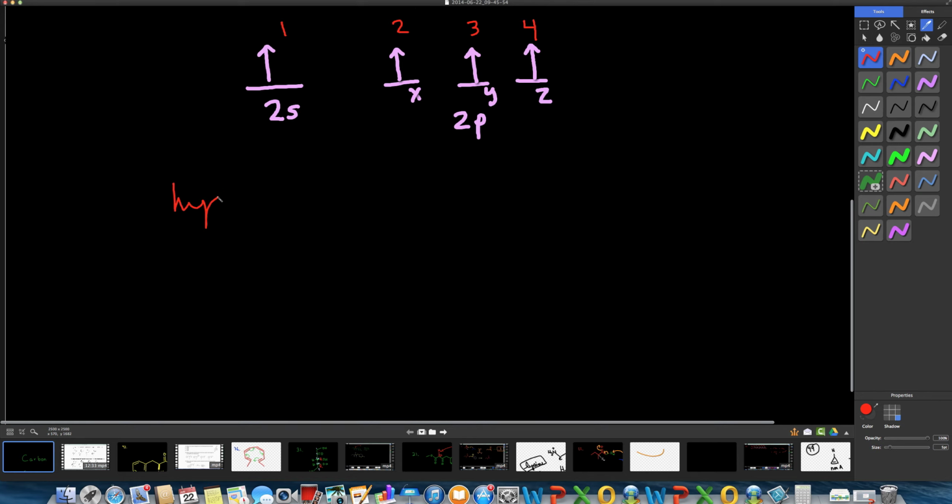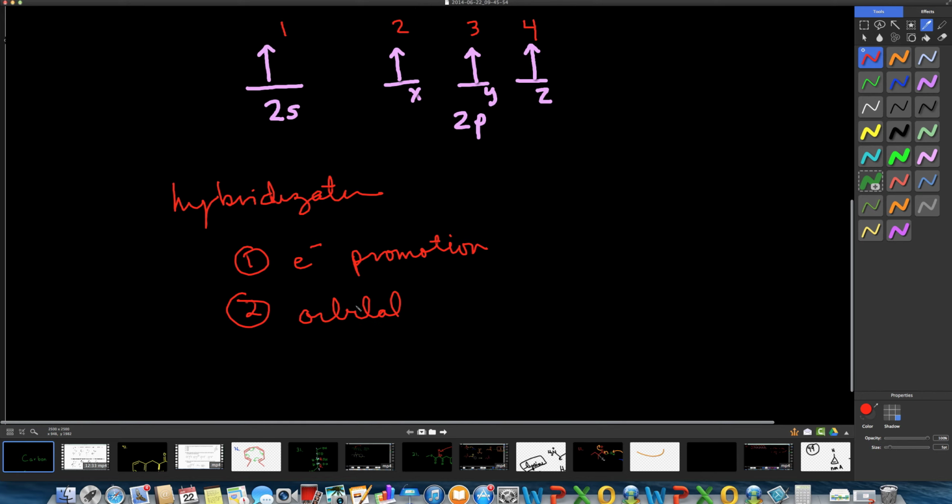So hybridization is a 2-step process. Step 1 is electron promotion. Step 2 is orbital mixing. With electron promotion, we can make more bonds.